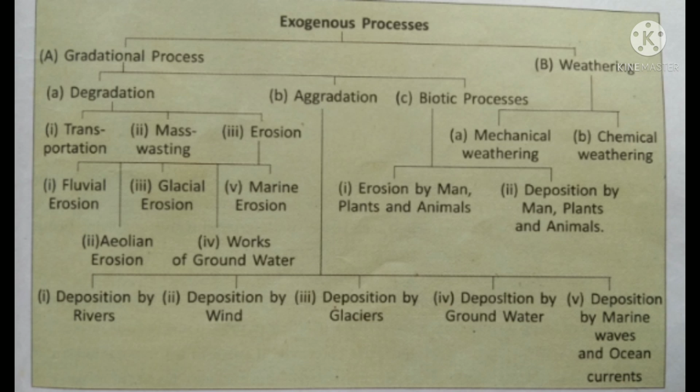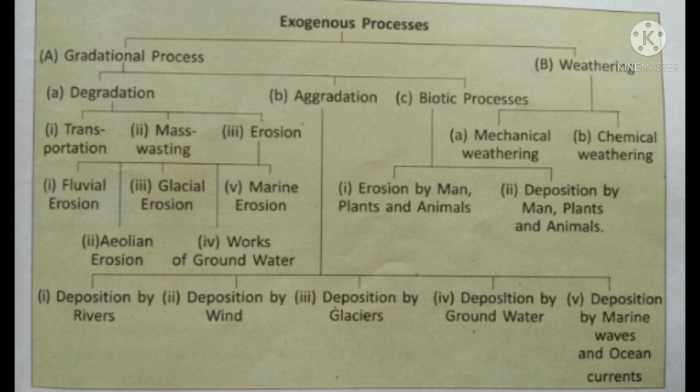Now if you think about the biotic processes, where the biological activity is carried out by different types of creatures, you can say human beings, or the plants. All of them are sometimes related with erosional work, or sometimes with depositional work. So these are basically part of the exogenous processes.